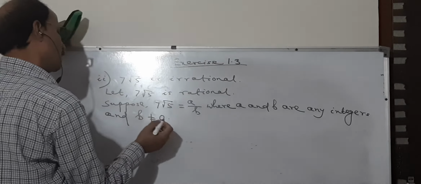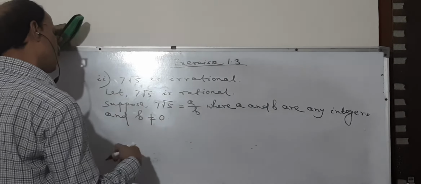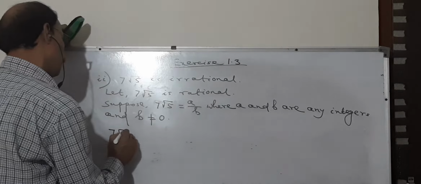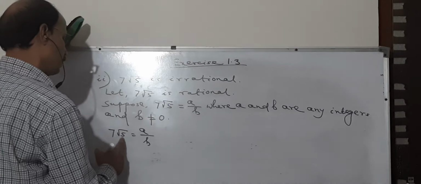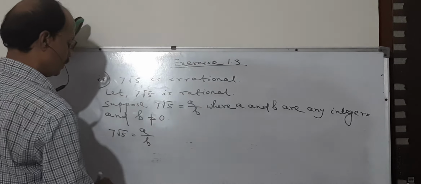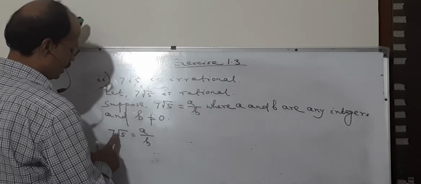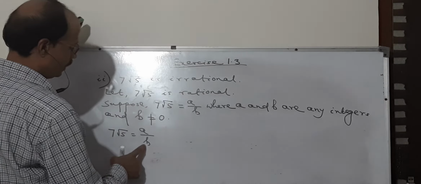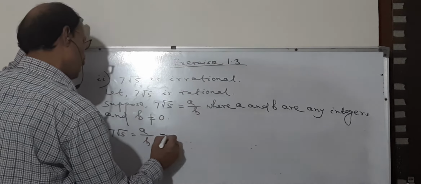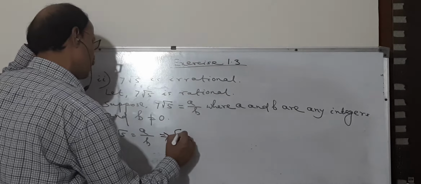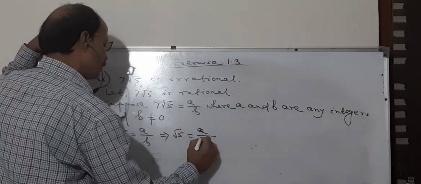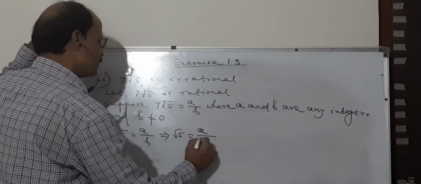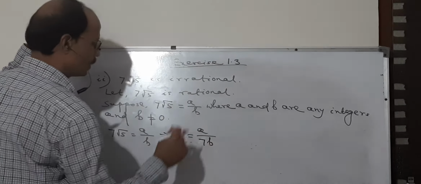So now let's write it again. So 7 root 5 is a upon b. Here 7 multiplied by root 5 is equal to a upon b. Here it is multiplication, so it will be division. So for root 5, let's take 7 to that side. So it will be divided: a upon 7b.